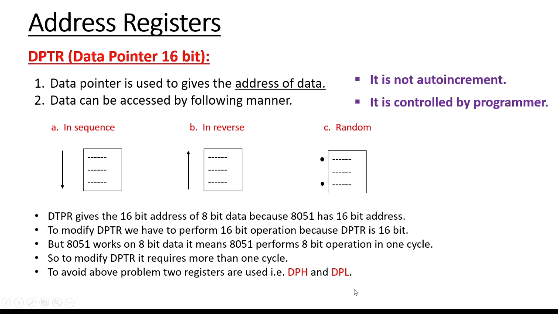So if you want to change the content of DPTR, it's not possible to change it in one go, and that's why the DPTR register is made up of two 8-bit registers, DPH and DPL, data pointer high and data pointer low, which are used to give the memory address for external instructions and external data.